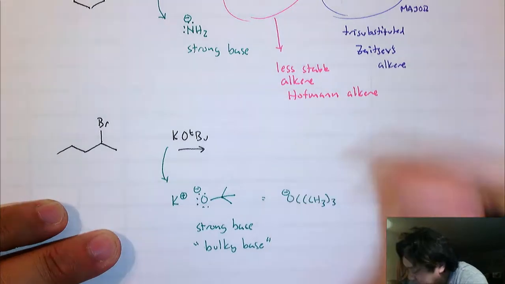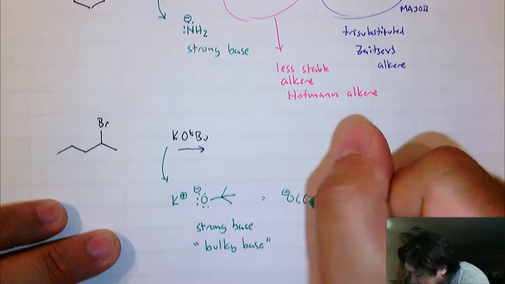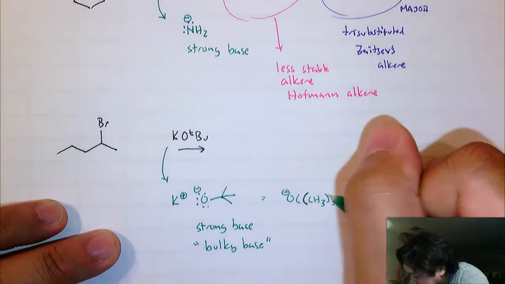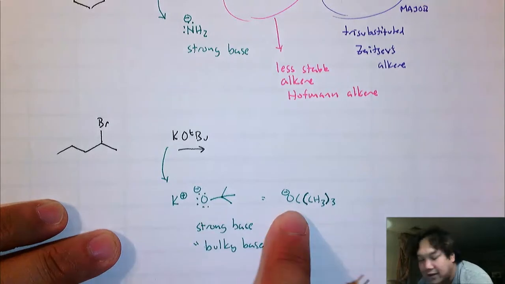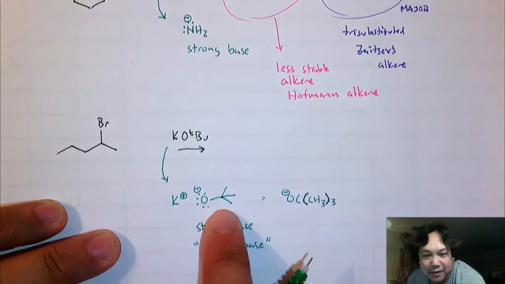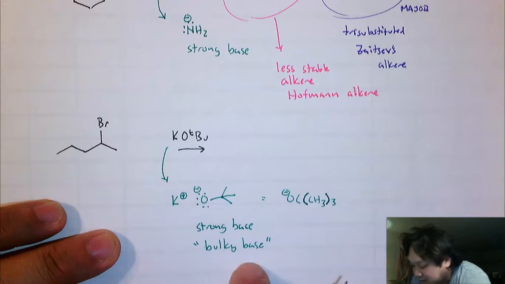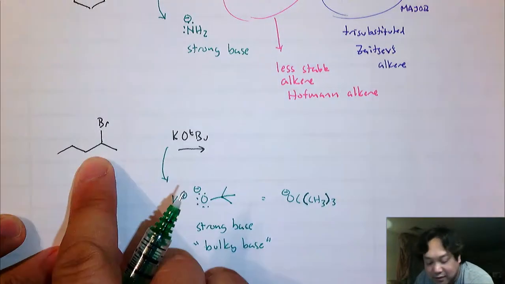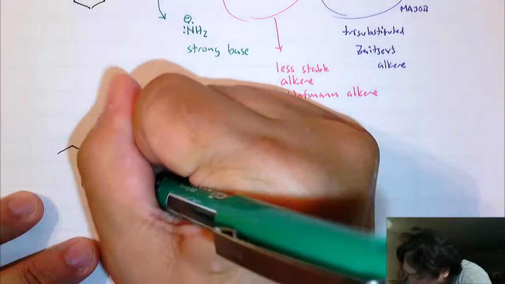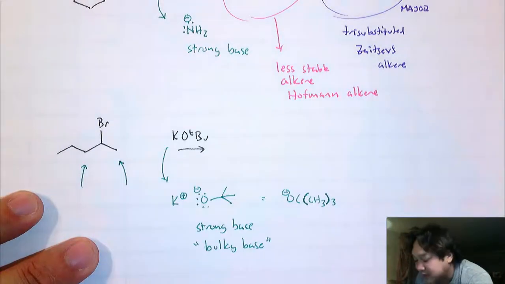Sometimes they draw it like this. It's kind of confusing. These are parentheses, actually, right? I think that's correct for that molecule. You could double check me. But when you're very bulky, it can't hit this hydrogen. When you're very bulky, it goes for the less crowded hydrogen.